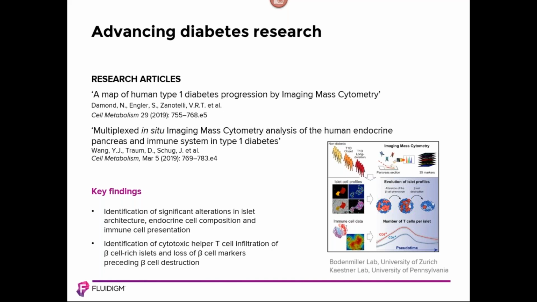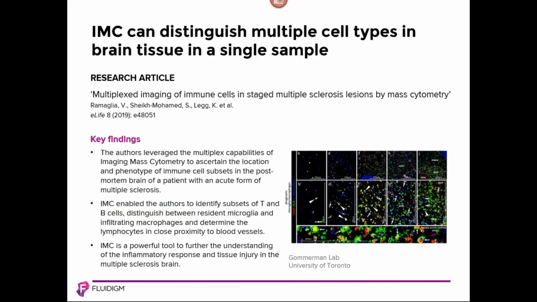Key findings of these papers included identification of significant alterations in pancreatic islet architecture, endocrine cell composition, and immune cell presentation, as well as identification of cytotoxic helper T cell infiltrates in beta cell rich islets and loss of beta cell markers preceding beta cell destruction.